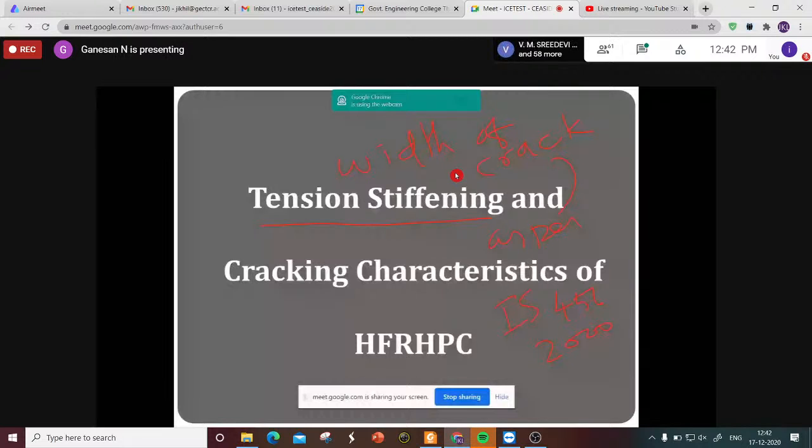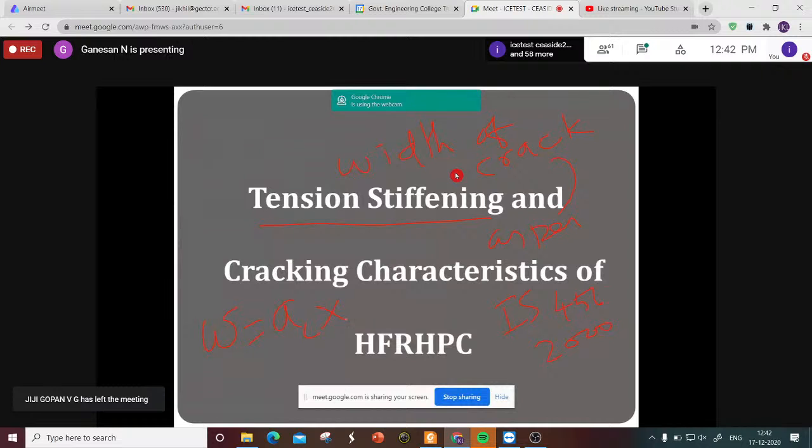Generally, we neglect the concrete below the neutral axis. In fact, the concrete in between the cracks will offer a stiffening effect, and due to that, the strain in steel will come down. After all, the width of crack w is equal to the average crack spacing multiplied by the steel strain. So this steel strain will come down because of the tension stiffening.